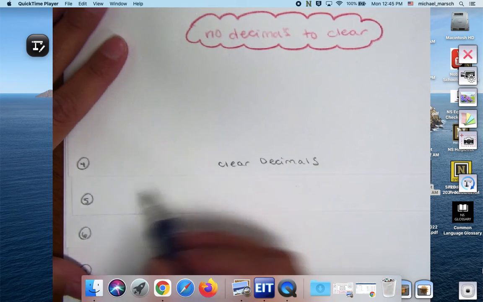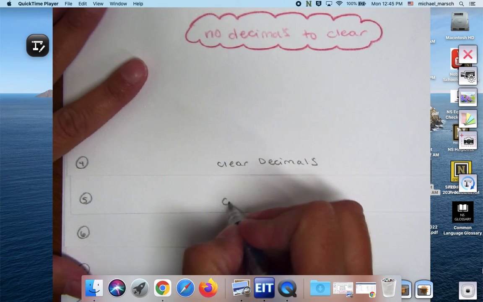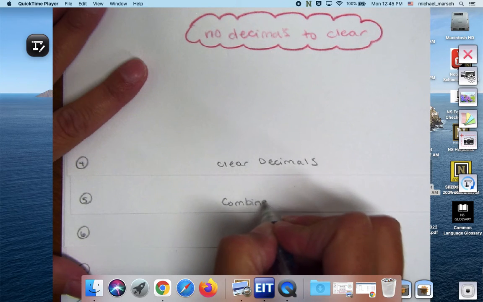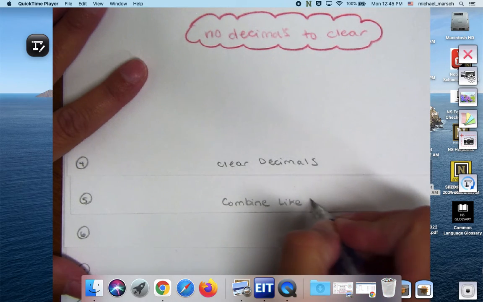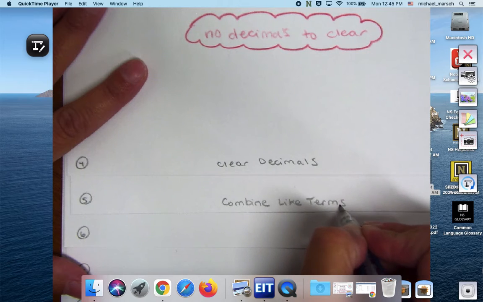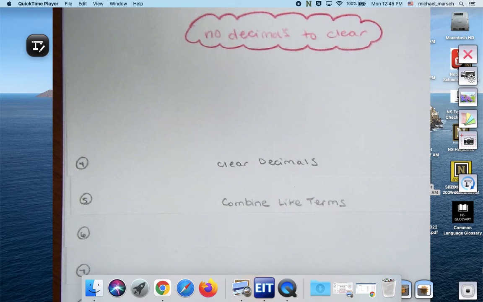So then under that, on this fifth flap, we're going to write combine like terms. Do you guys remember combining like terms before break? When we did all the color coding? Right? What do like terms have to have? Who remembers? Oh, Emma?